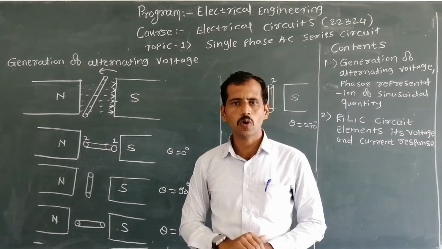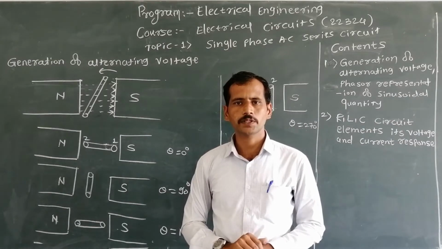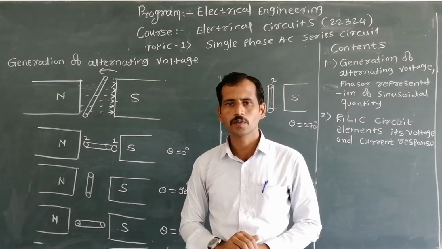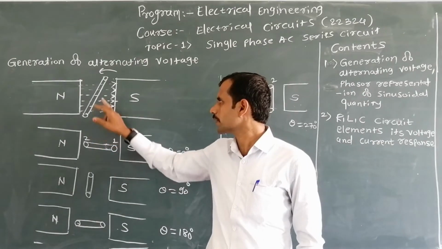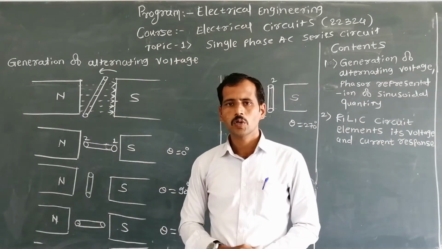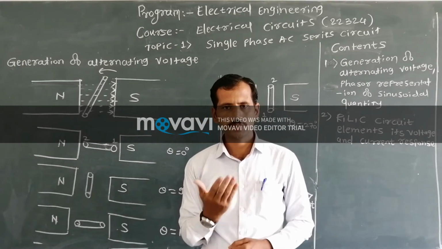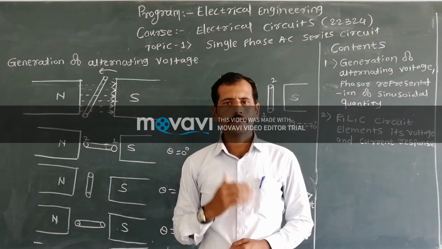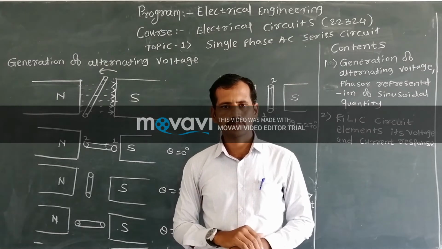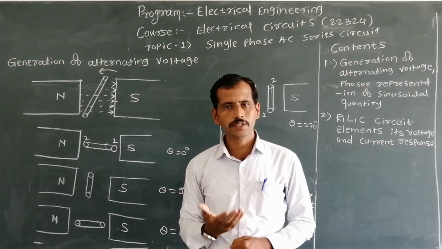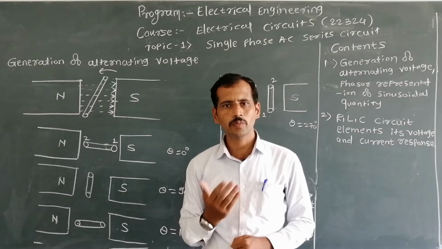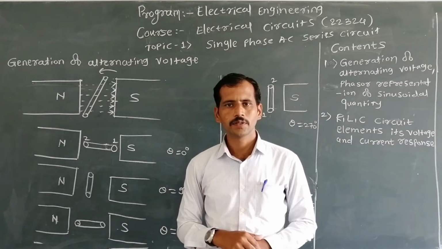According to Faraday's law of electromagnetic induction, that is Faraday's first law, EMF will be induced in that conductor. What is Faraday's first law? Faraday's first law states that whenever a conductor cuts the magnetic flux, an EMF will be induced in that conductor.